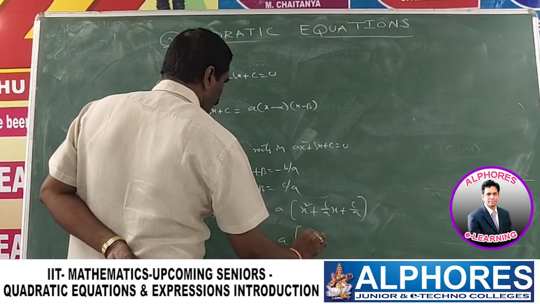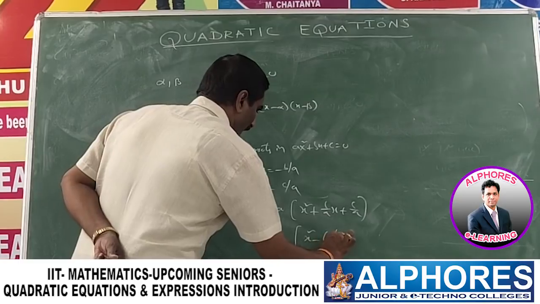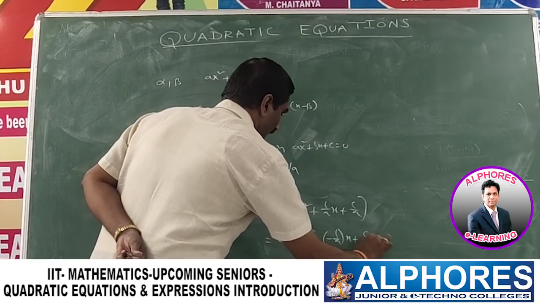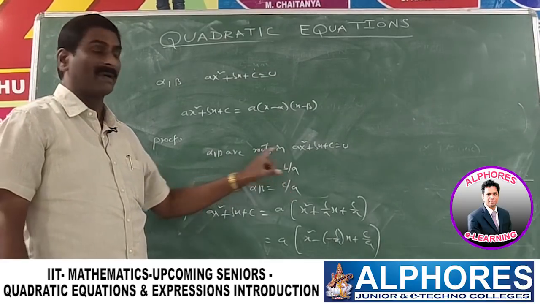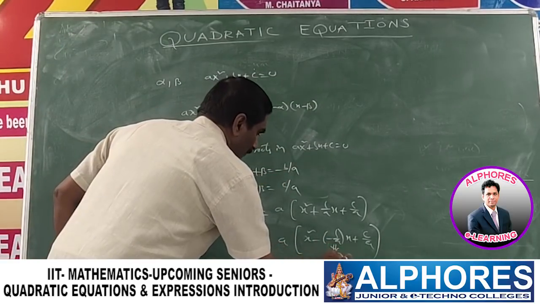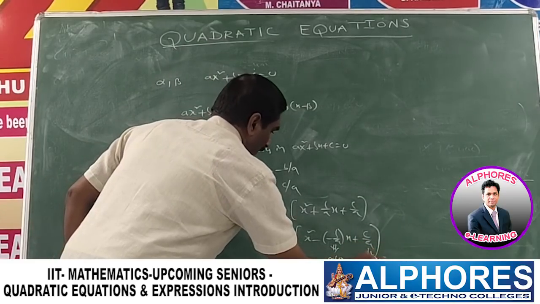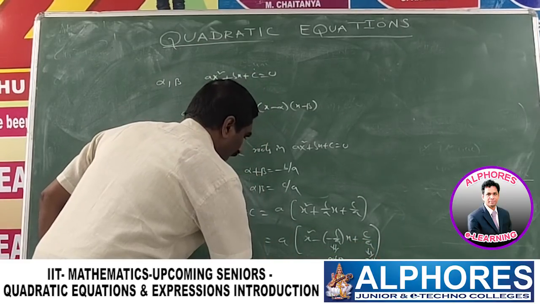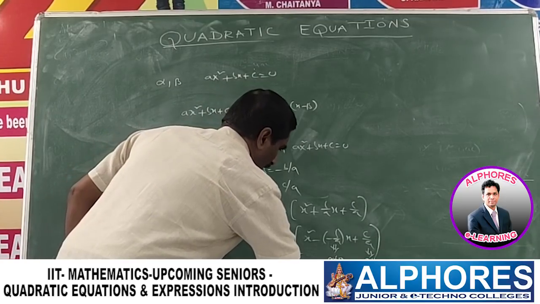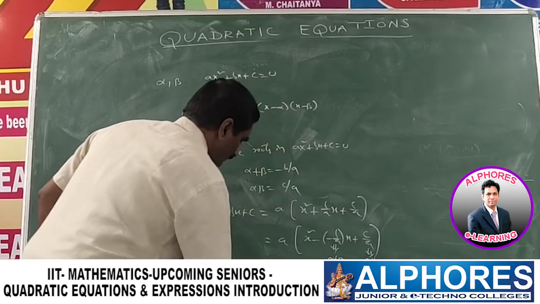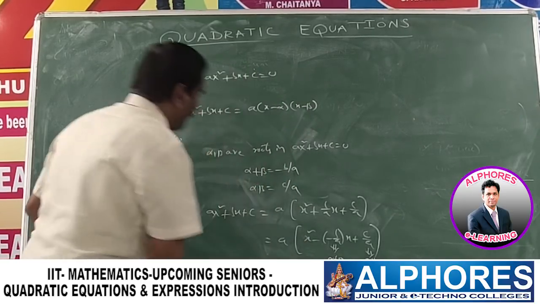That is equal to a of x square minus of minus b by a x plus c by a. But alpha plus beta is equal to minus b by a, so it can be replaced as alpha plus beta. Alpha beta is equal to c by a, so it can be replaced as alpha beta. That means a of x square minus (alpha plus beta) into x plus alpha beta. That is equal to a of x minus alpha into x minus beta.